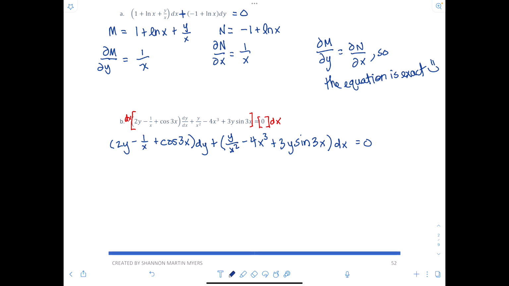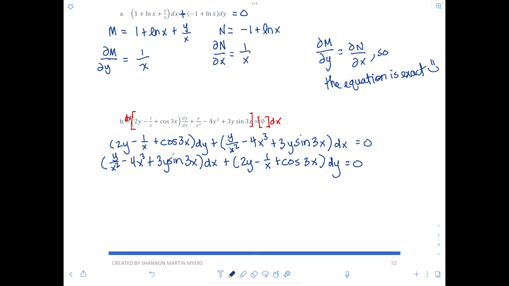Be careful. Remember, the dy term is first, so let's just rewrite this real quick. We're going to end up with y over x squared minus 4x cubed plus 3 times y times sine at 3x, all of that times dx, plus 2y minus 1 over x plus cosine at 3x times dy equals 0.